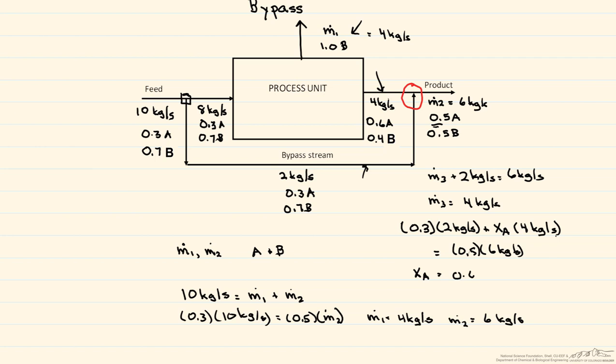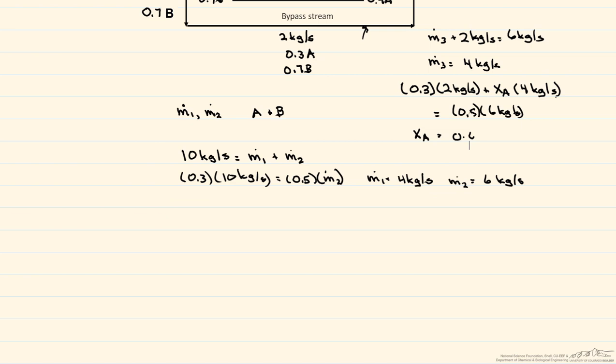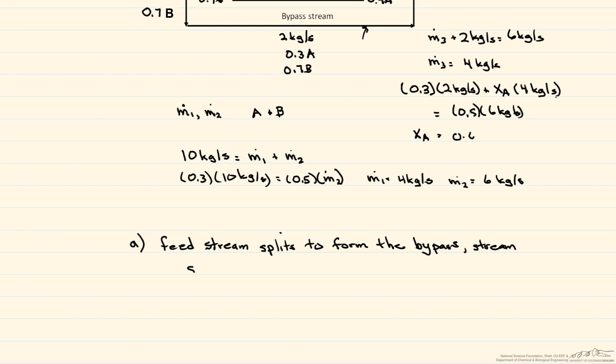However, the two important things to remember about a bypass is A, the feed stream splits to form the bypass and the stream into the unit, and they are all the same composition. And B, the bypass stream mixes with the stream from the unit, and that forms the product stream.